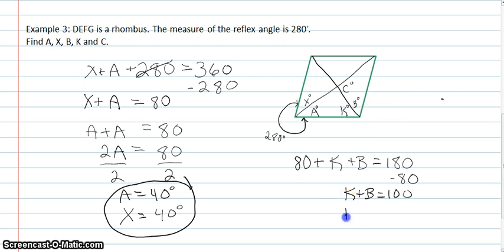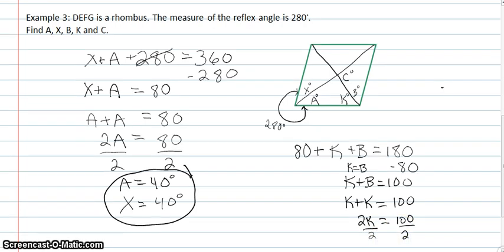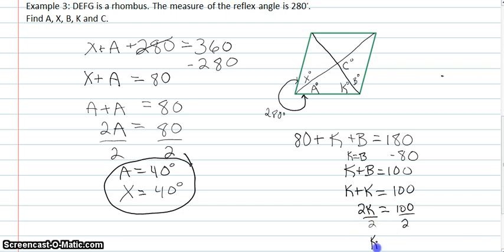So this could be written as k plus k, since k is equal to b. So I can put in a k for the b, so it equals 100. So 2k would equal 100, and then I just divide both sides by 2. So k equals 50, and b equals 50, and those are both degrees.